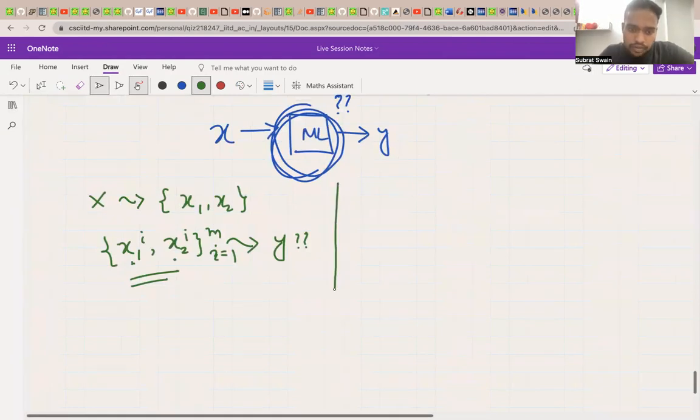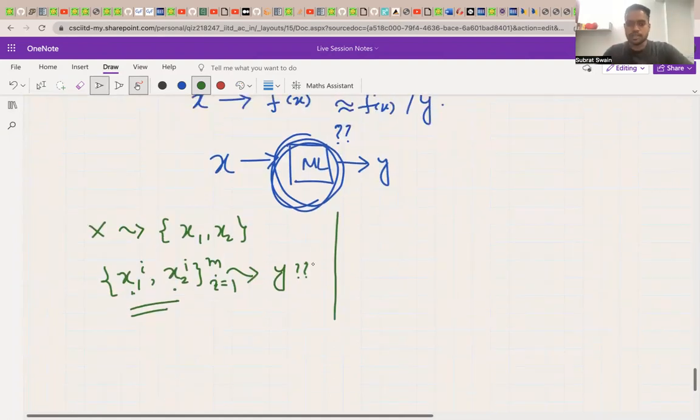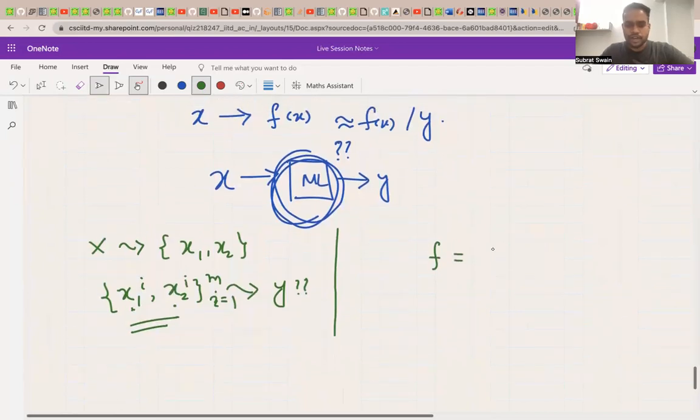So just look at this carefully, this will change everything. You don't know the function, so you can say, okay, I don't know the function.